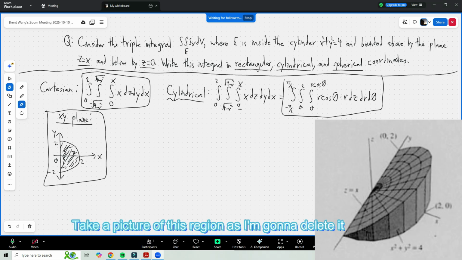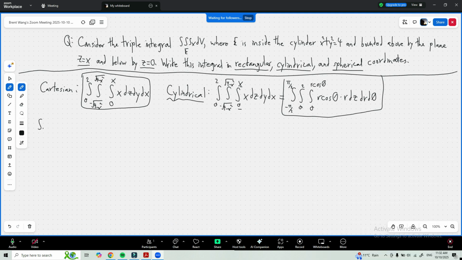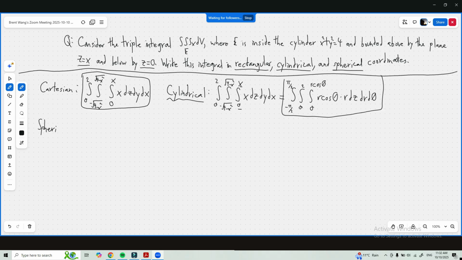Now let's do spherical coordinates. I didn't write down the formula for cylindrical coordinates because it's quite easy to remember, but I'm going to write it down for spherical coordinates because it's hard to remember it all in your head.